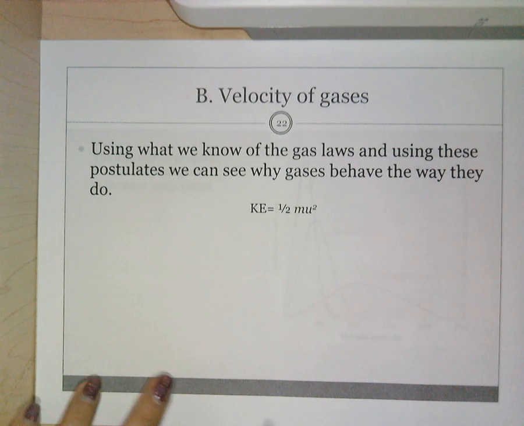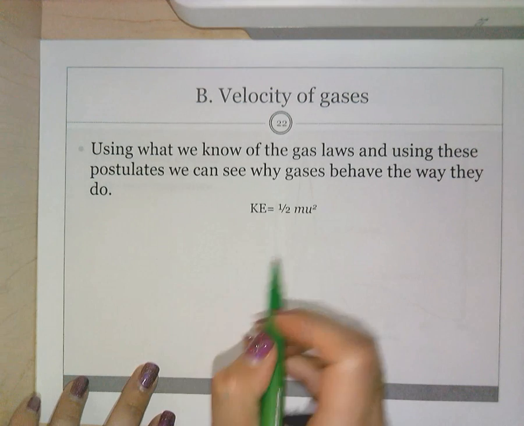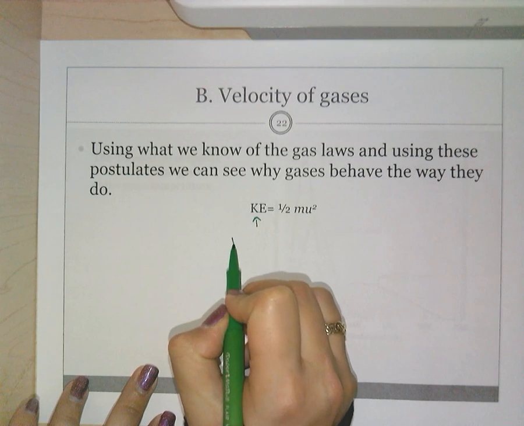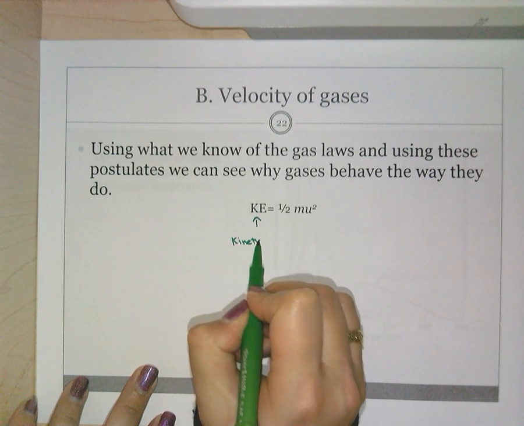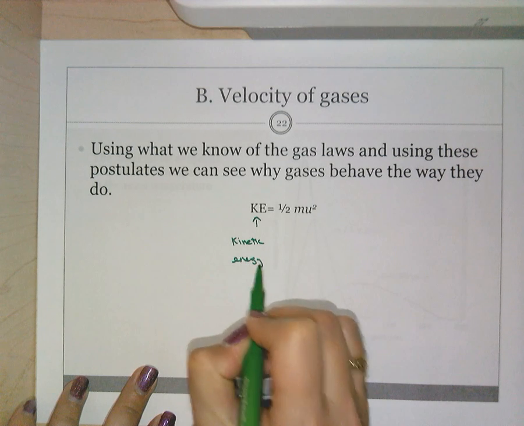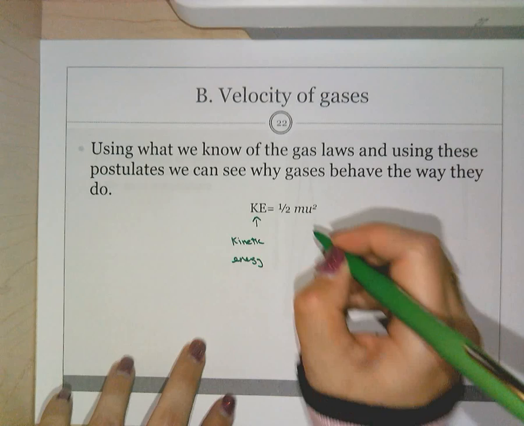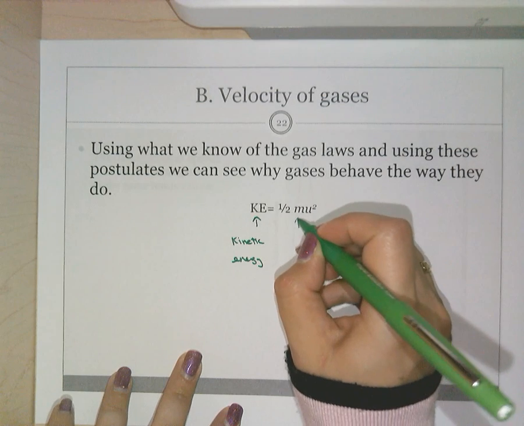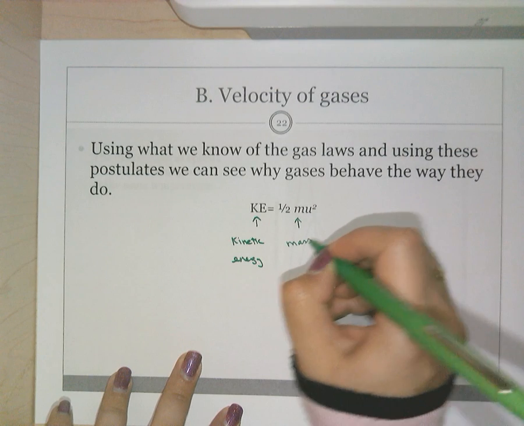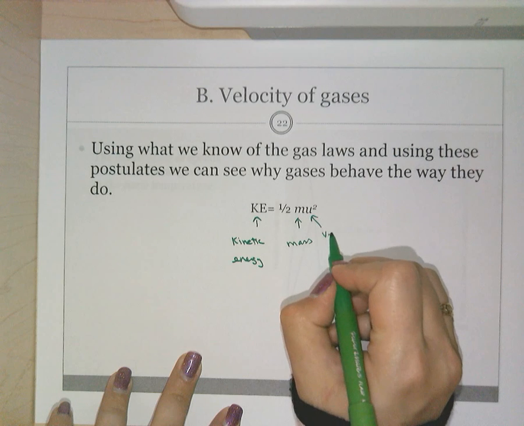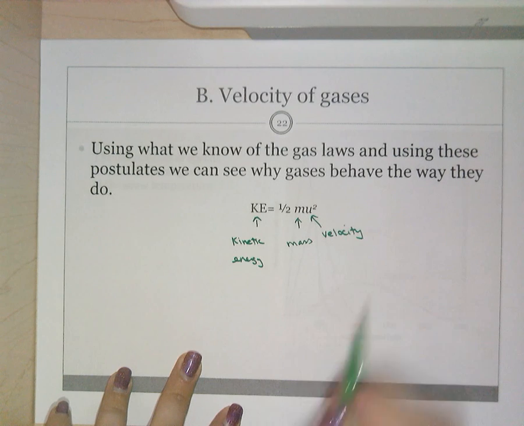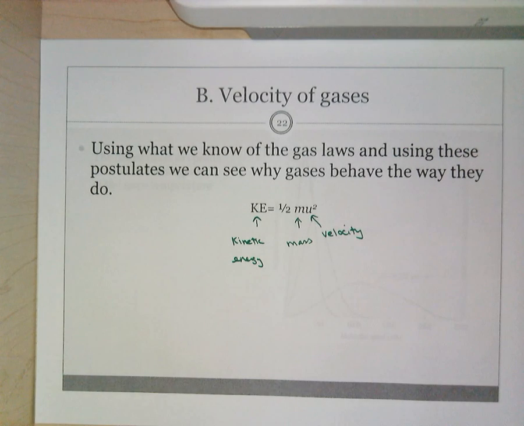So here's my kinetic energy. I'm like three or four days behind lab, because I know you did this in lab too, the lighter and heavier molecules. Kinetic energy equals 1/2 the mass of the molecule times the velocity squared of the molecule.